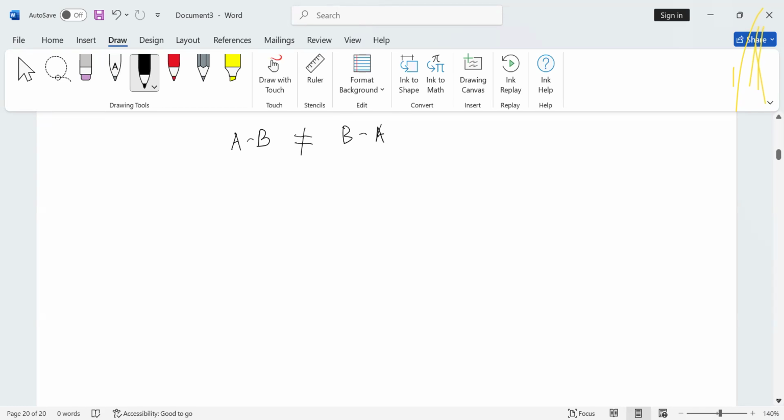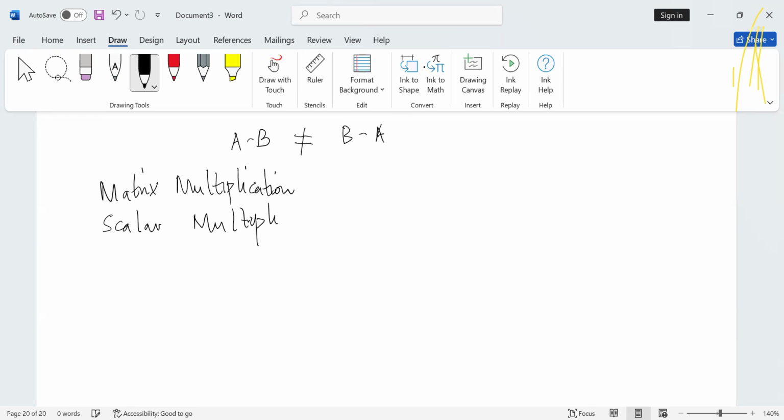So we look at matrix multiplication. Scalar multiplication.